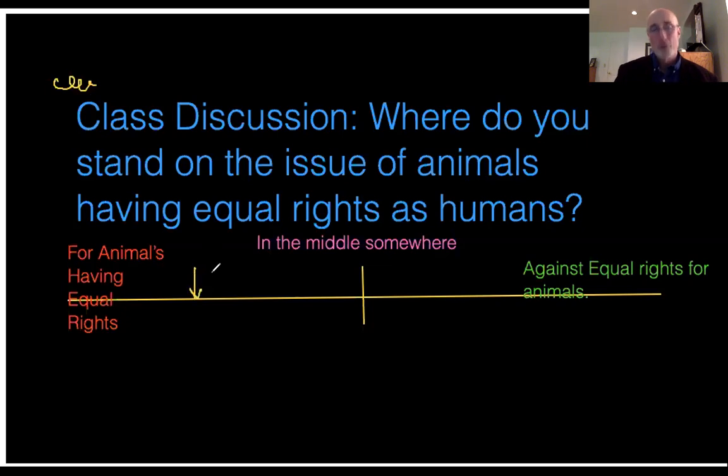I don't think they're equal to humans, and I don't think we should force everybody not to eat animals. But they would say things like, I think that we should be a lot more humane and kind and sensitive to their fears and feelings and not torture them, and they would talk about the list of all kinds of abuse that does occur with animals. But they would consider themselves not to be way over here, but somewhere around here.